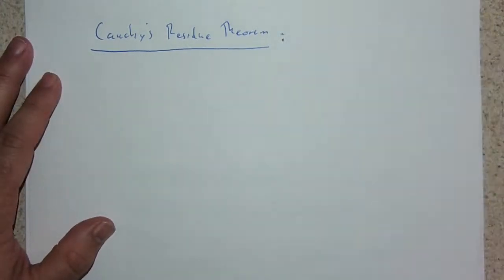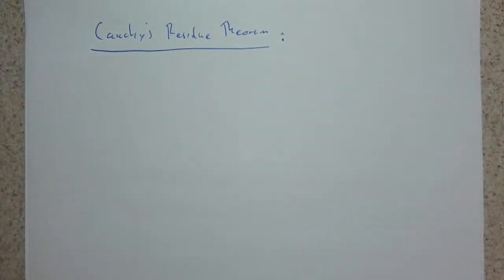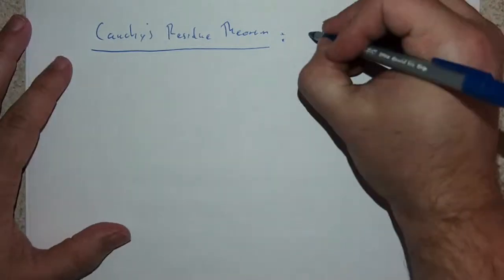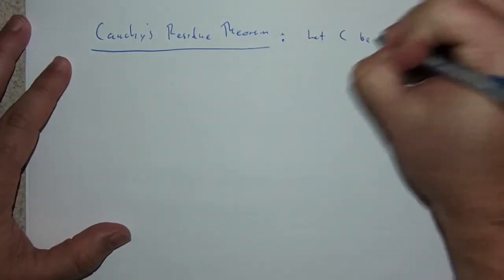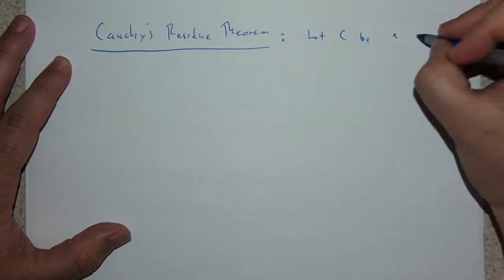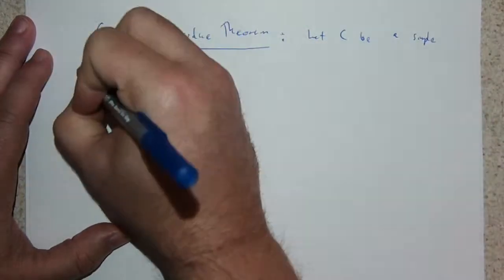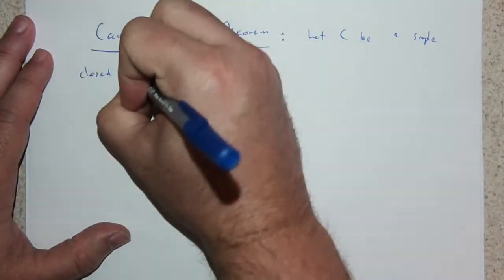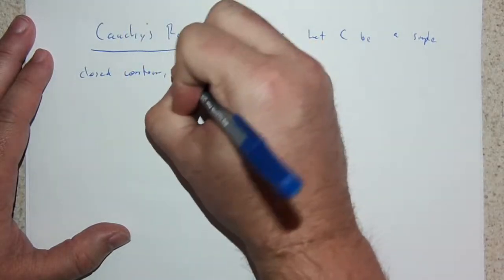Okay, and so what is Cauchy's residue theorem? Let C be a simple closed contour, positively oriented.